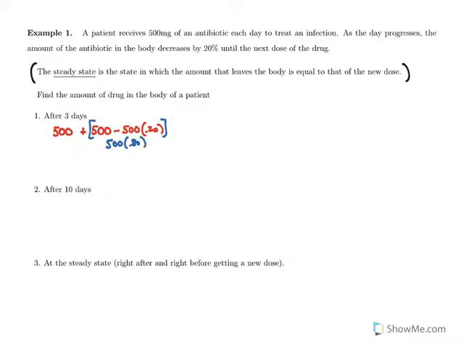There's 80% left of that 500 from the day before. So this is today's. This is yesterday's. The day before that, we have 500 times 0.80 squared is what's going to be left.